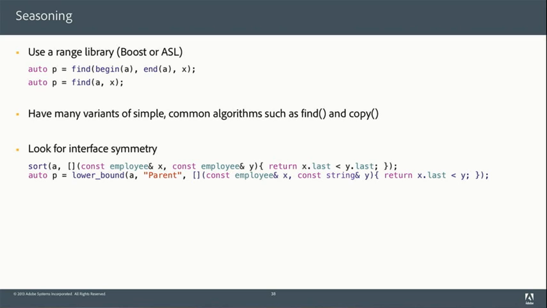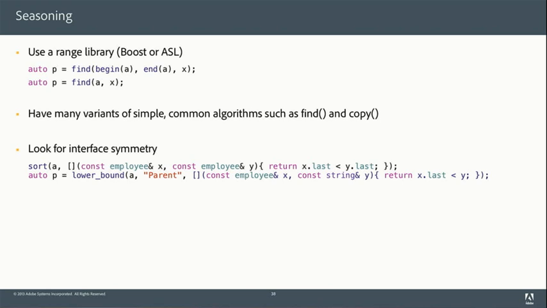In lower bound, I'm comparing an employee against a name, against my string, my last name. It's really easy when I have these two closely related comparison functions to get them out of sync. I have to be sorting the same way I'm calling lower bound in order for this to work.